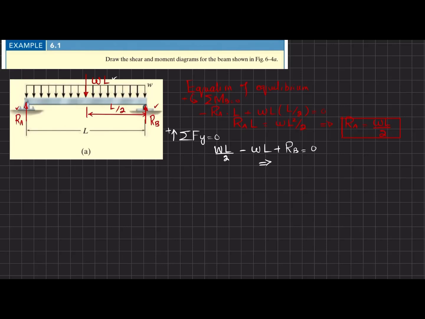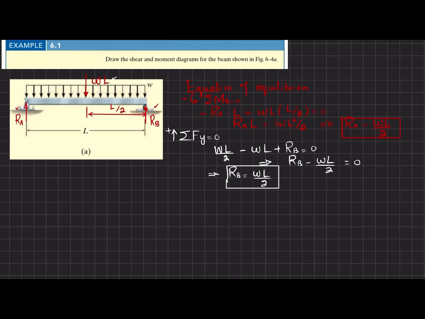So again from here you will get RB minus wL over 2 is equal to 0, so RB will be equal to wL over 2. Now you have both the reaction forces RA and RB.